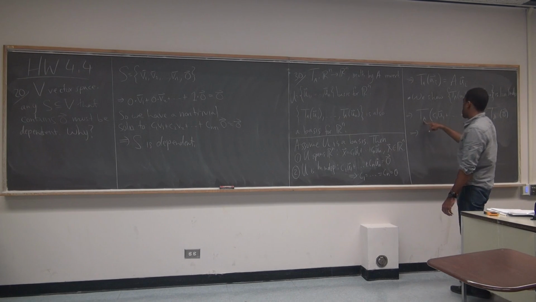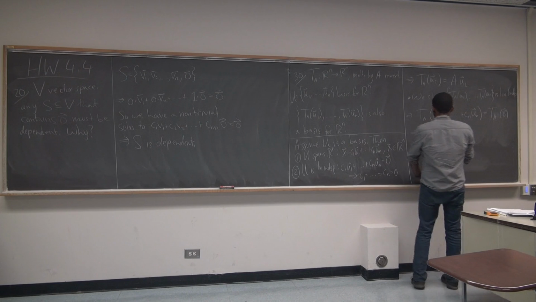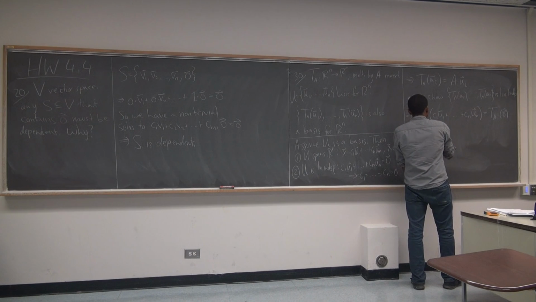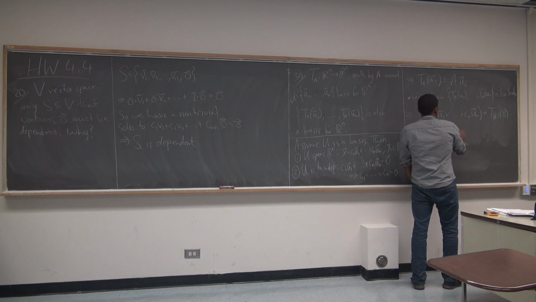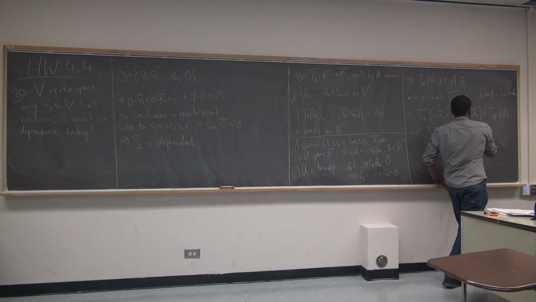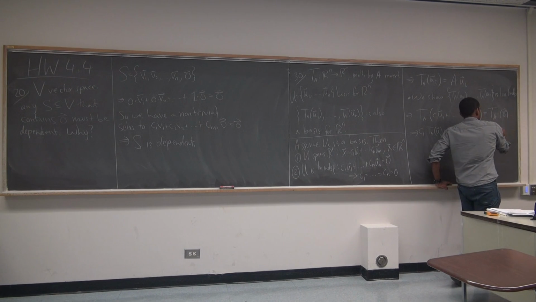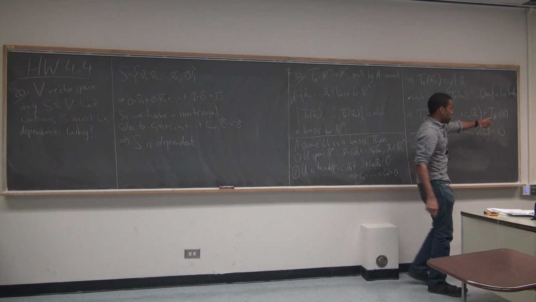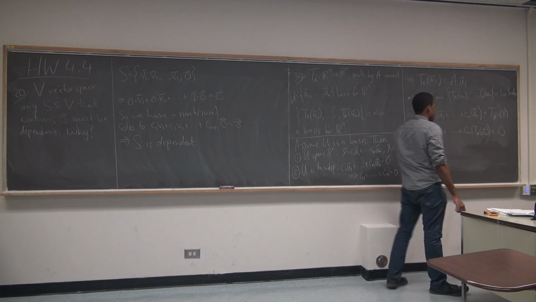So T_A just means multiplication by a matrix, which by the properties of matrices means we can factor out constants. So this is c1 times T_A of u1 plus cn times T_A of un equals 0. In Rn our zero matrix is just a matrix with all zeros, so that's going to be 0.